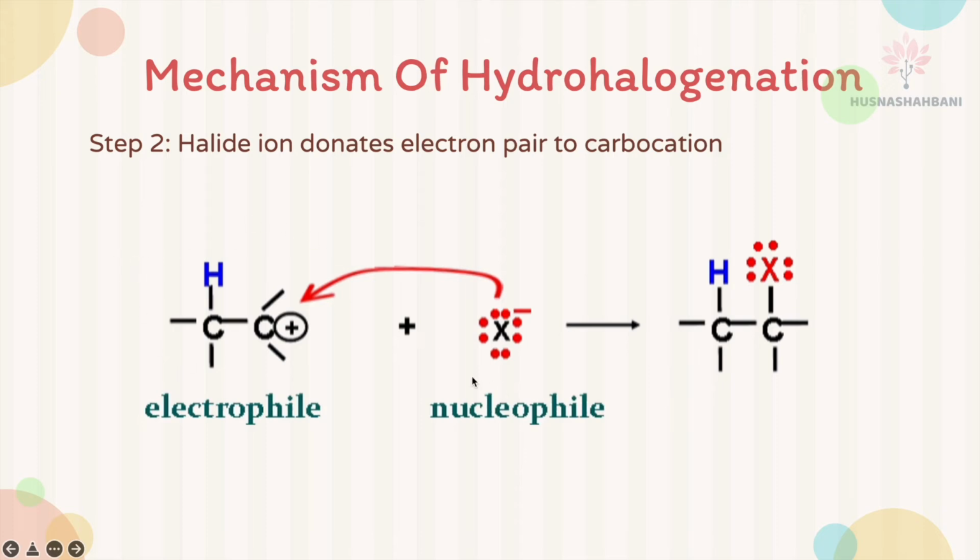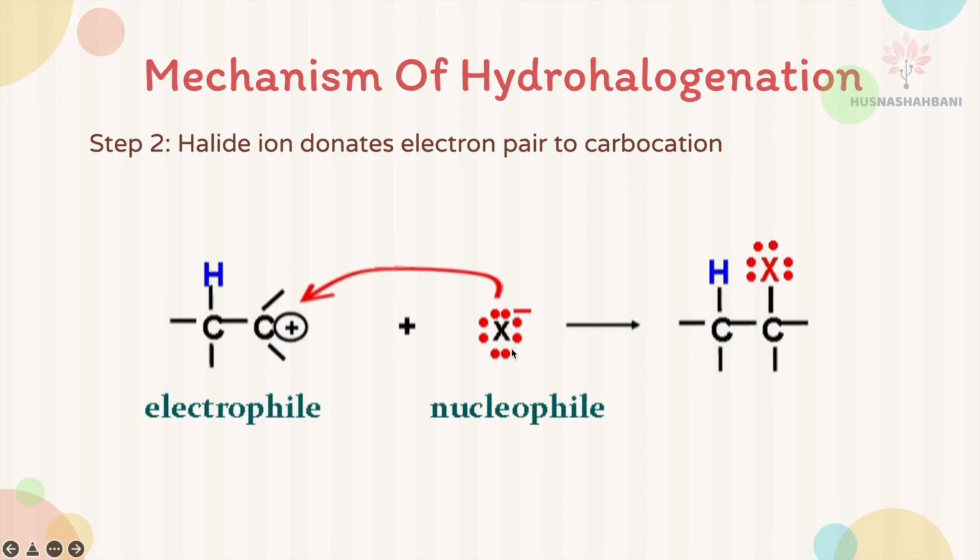Step number 2, the halide ion is now negatively charged. This halide ion is a nucleophile. So this nucleophile will attack the carbocation. The carbocation is the electrophilic site.